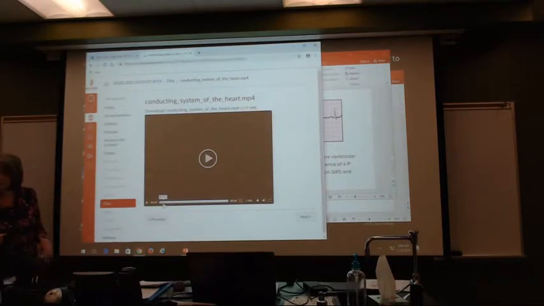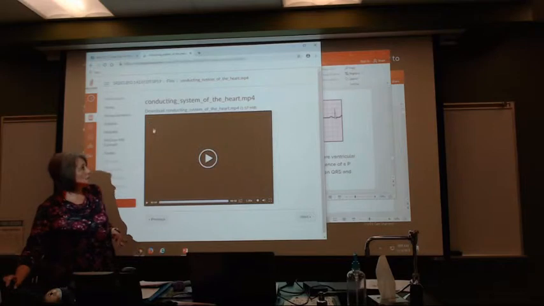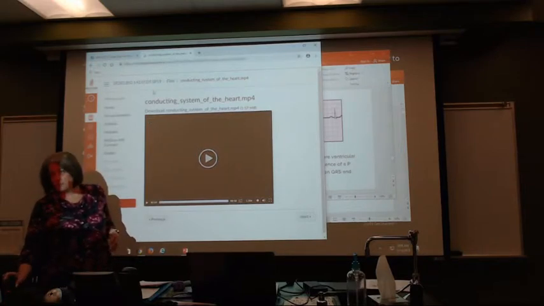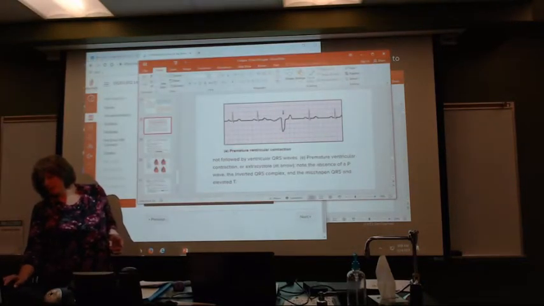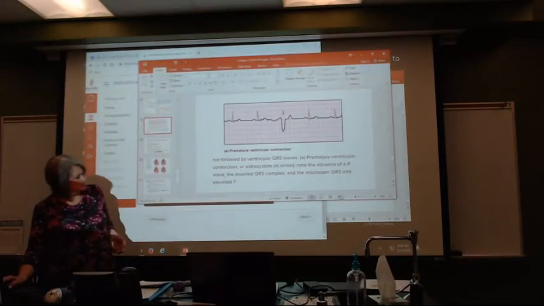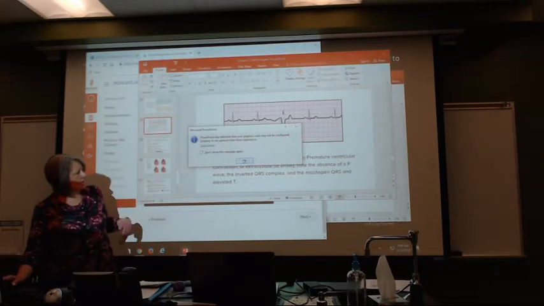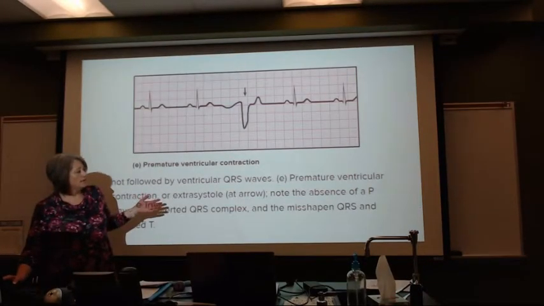That's pretty much the point that we had left off. And those were the peaks and the valleys that happen in an EKG. And when we left off, we were looking at some of the different issues that can happen in an EKG.